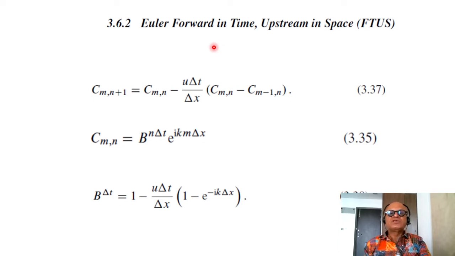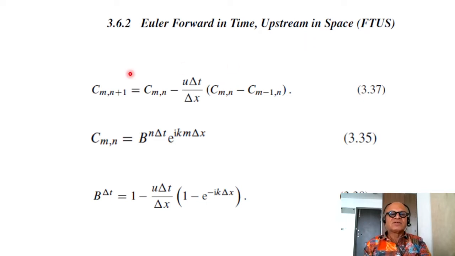So can we use this little fact that the signal is propagating in a certain direction to do an upstream in space differencing? So obviously where you came from is upstream and where you're going to is downstream, in case that's not already clear.